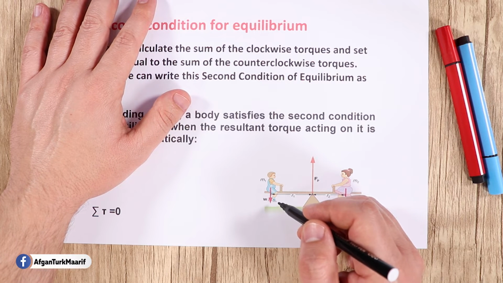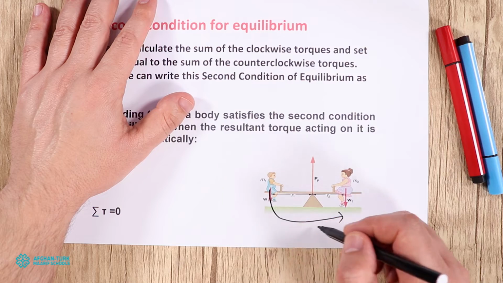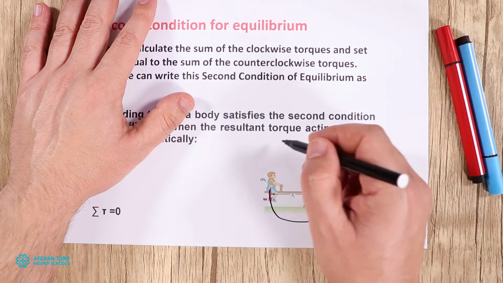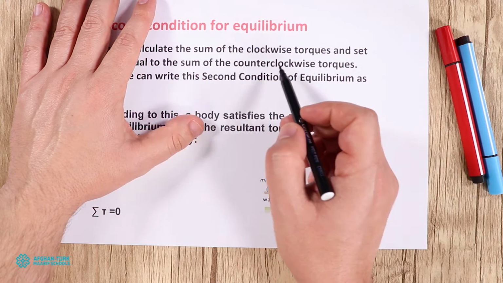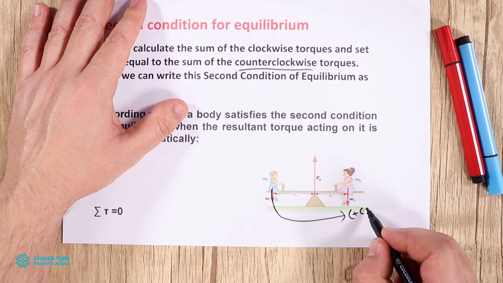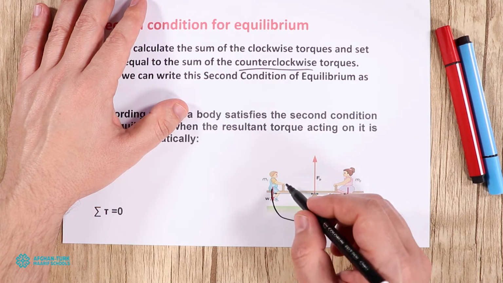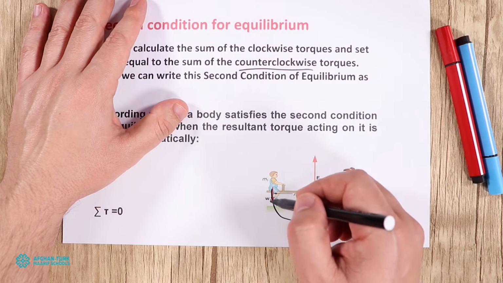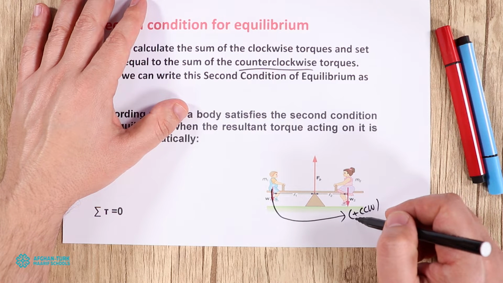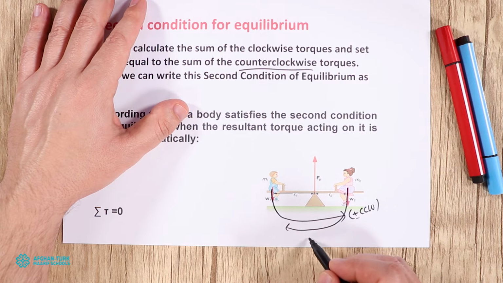One torque is in this direction, anti-clockwise or counterclockwise, which we take as plus, CCW. The torque which moves anti-clockwise we consider positive, and the other one is called clockwise, and we consider its value negative.